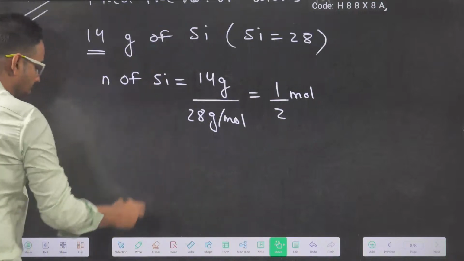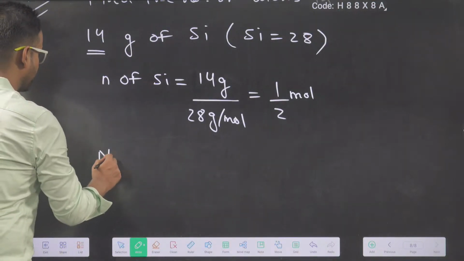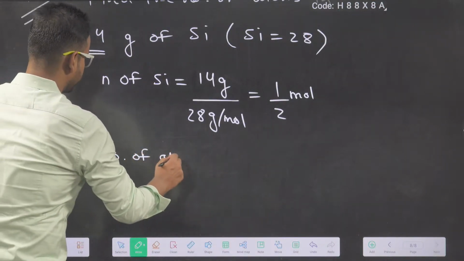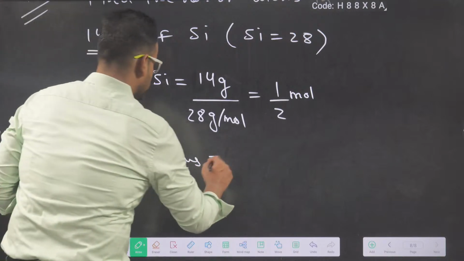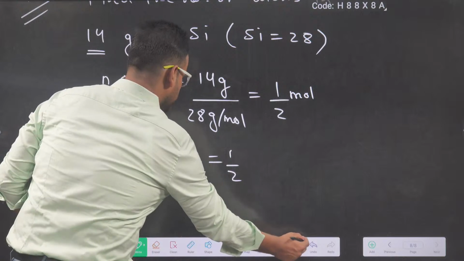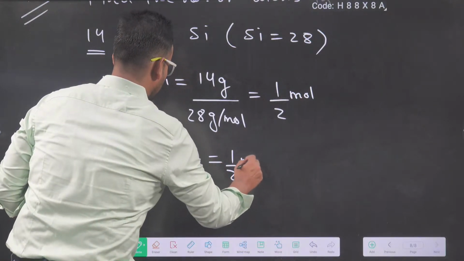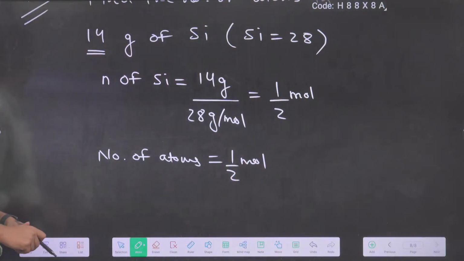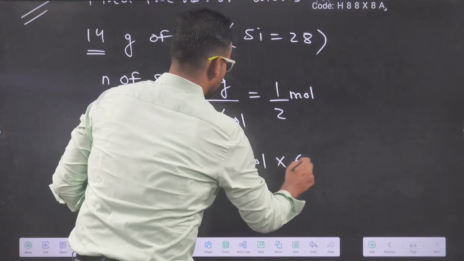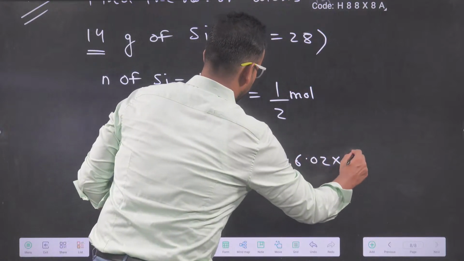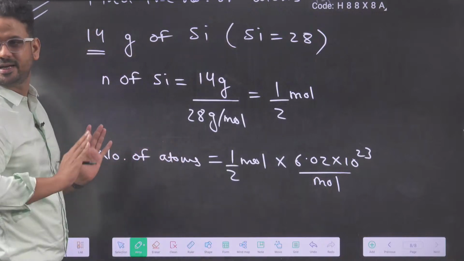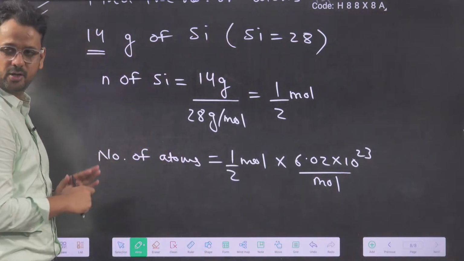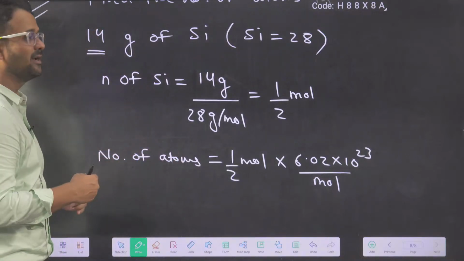And now number of atoms. Number of atoms would be equal to half mole of silicon into Na, that is 6.02 into 10 to the power 23 per mole. It is not necessary that every time you write the units; I am just telling you for greater clarity.